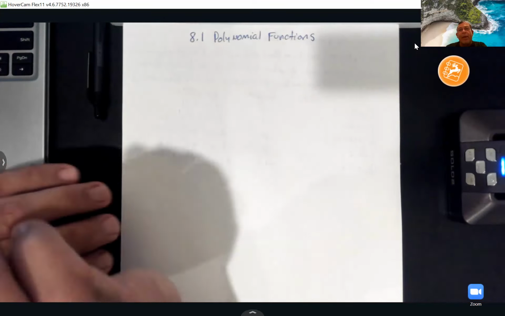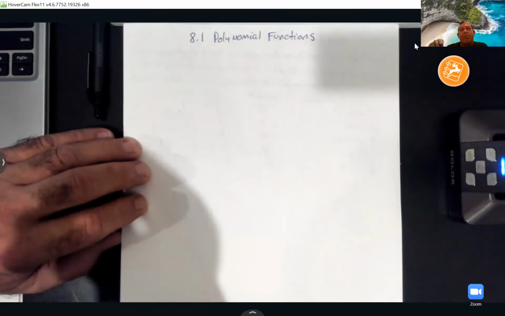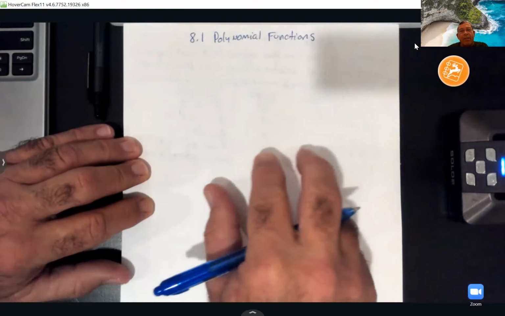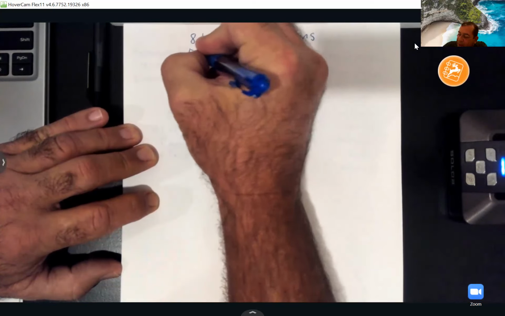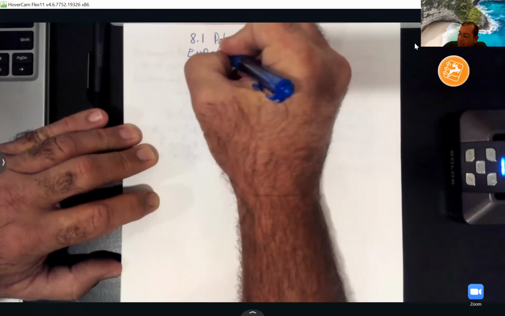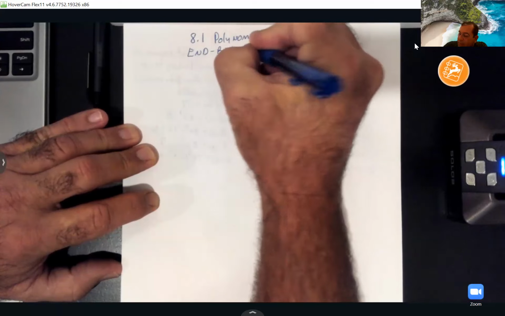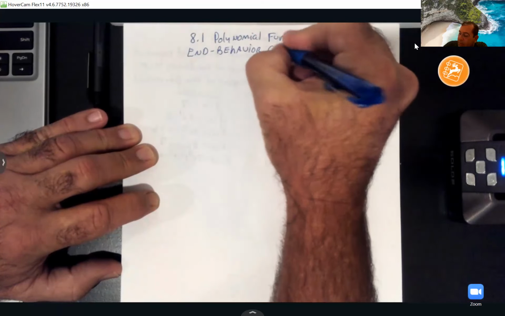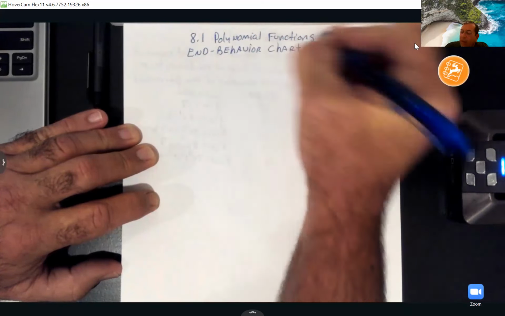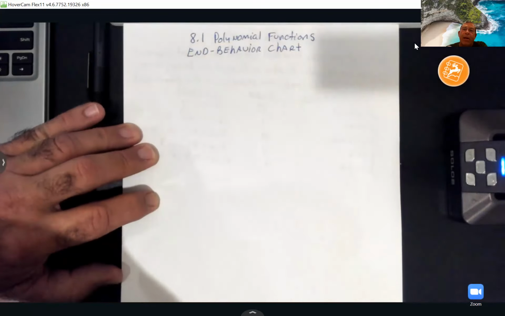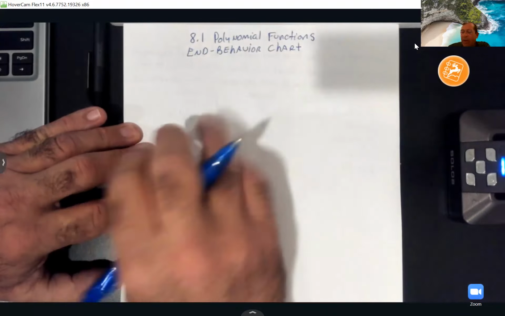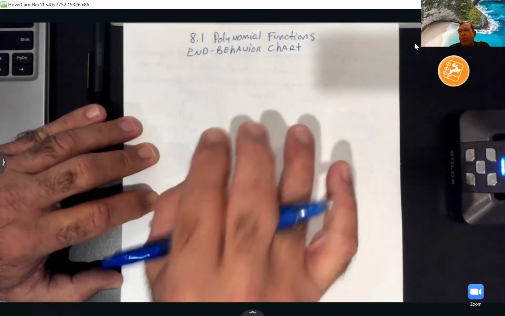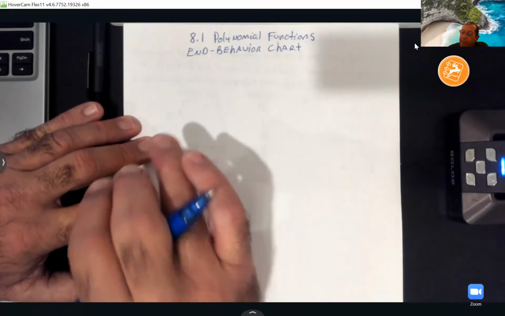So we make a chart that'll help us predict what the ends of the graphs are going to look like. And y'all, I call this the end behavior chart. Now this chart will be good for 8.1 and 8.2 because 8.2 will have some graphs, and we can use this chart to sort of predict what they'll look like also.